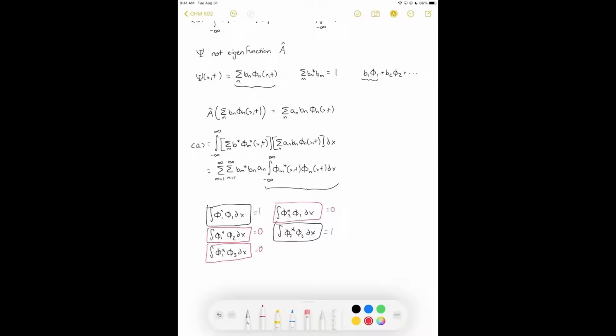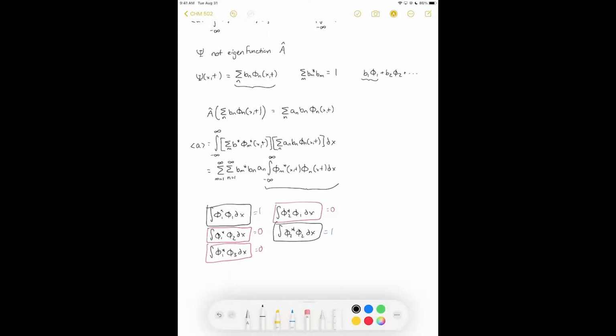And so that greatly simplifies our math here. That removes both indices, because if the indices are different, if m and n are not the same, the integral equals 0 and that whole term doesn't add in. If they are the same, the whole integral ends up being equal to 1.